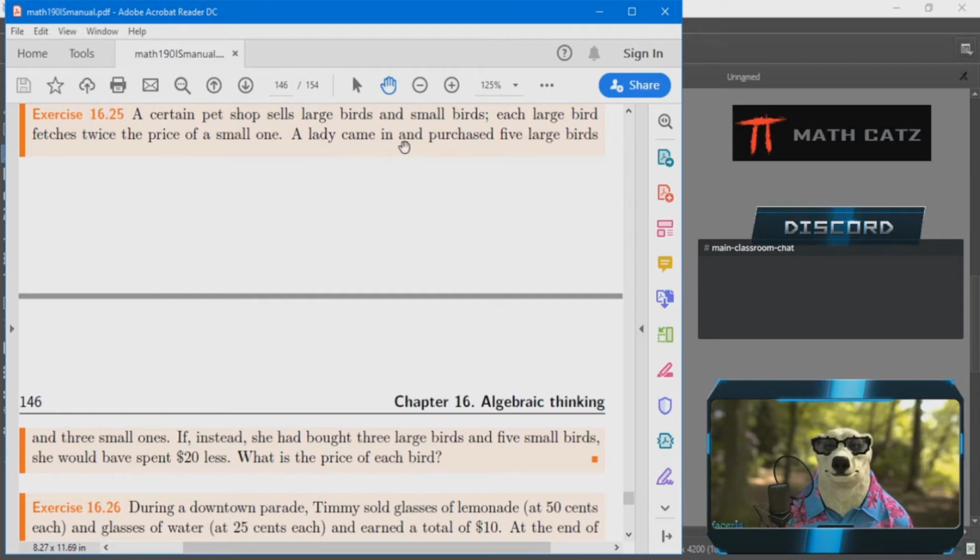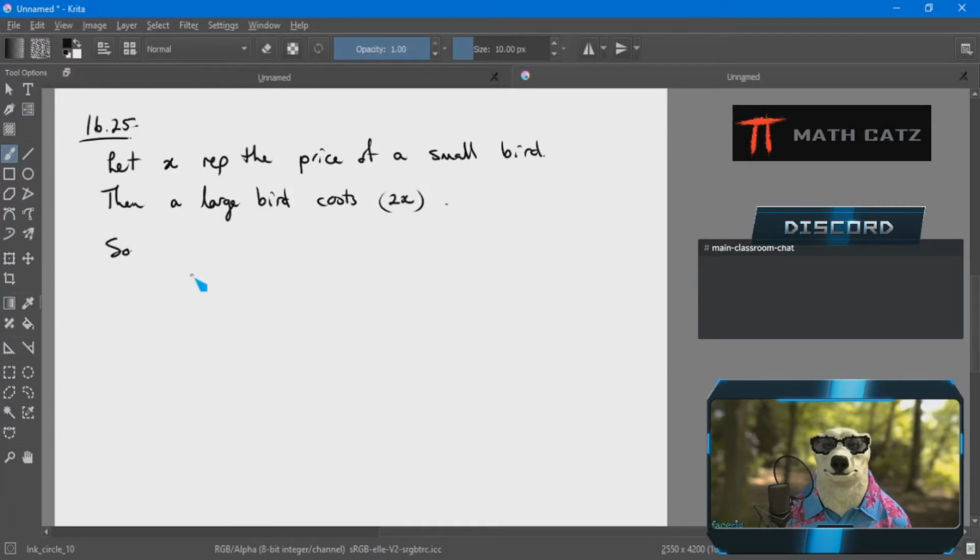Okay, so a lady came in, purchased 5 large birds and 3 small ones. Let's just see how much she would have paid. So this is 5 large, 3 small. What is the total cost? Total, when she orders 5 large birds.